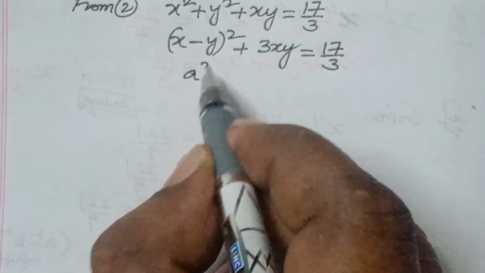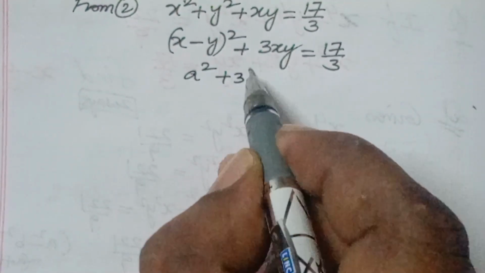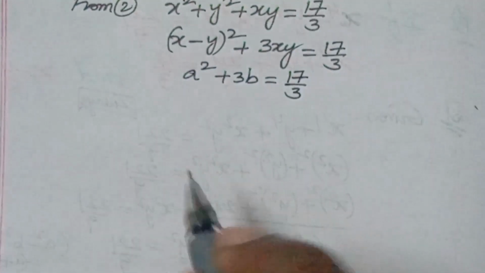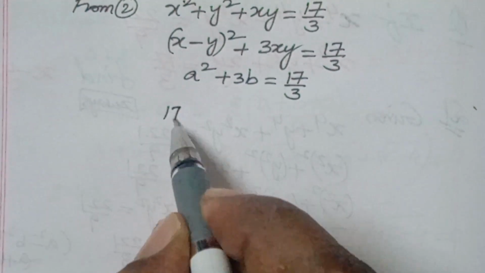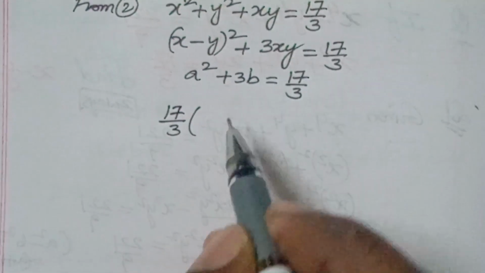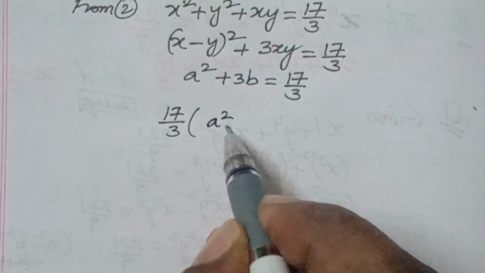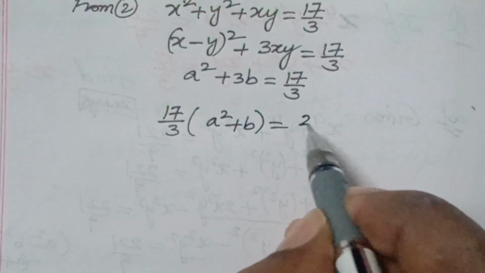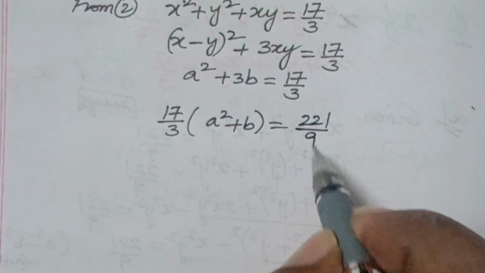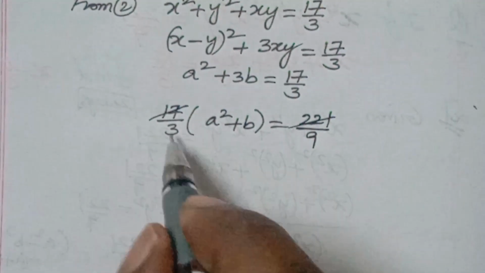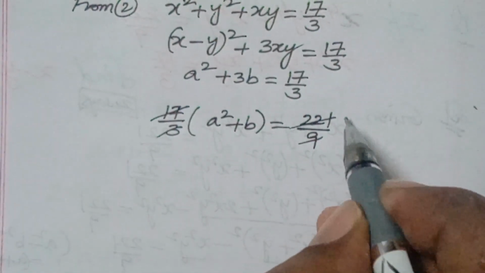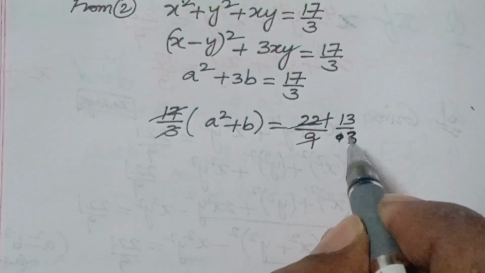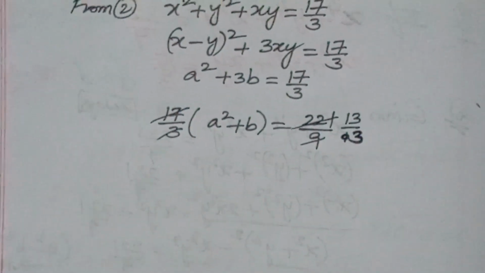So this is nothing but a square plus 3b, whose value is 17 by 3. So substitute there: 17 by 3 into (a square plus b) is equal to 221 by 9. So again the same cancellation. So you are getting 13 by 3.